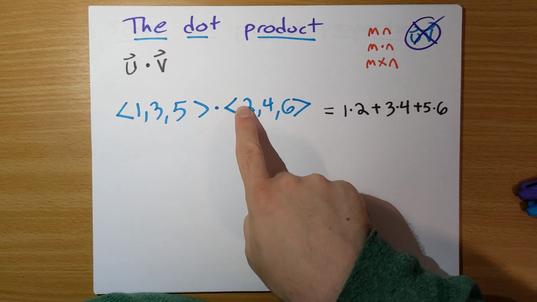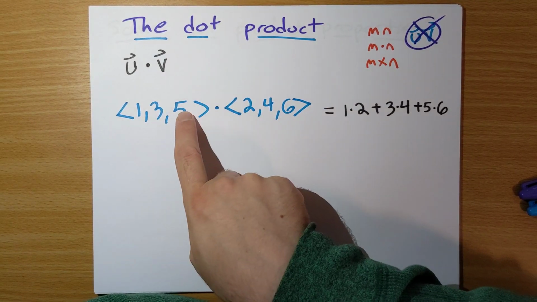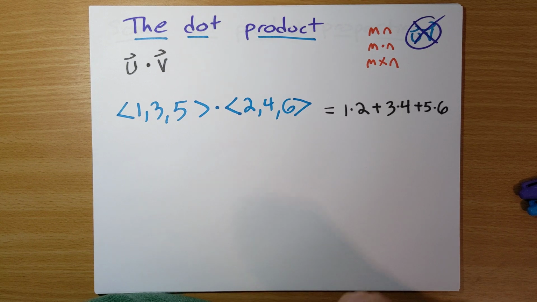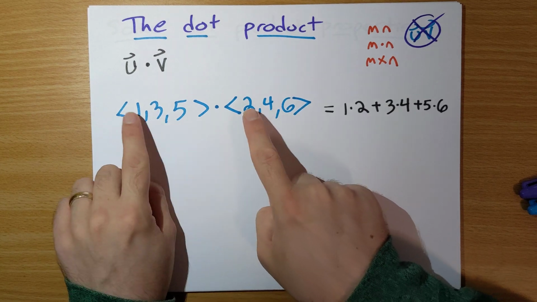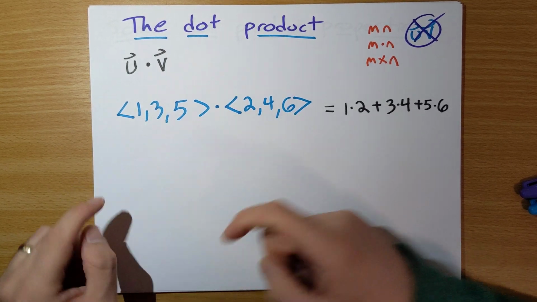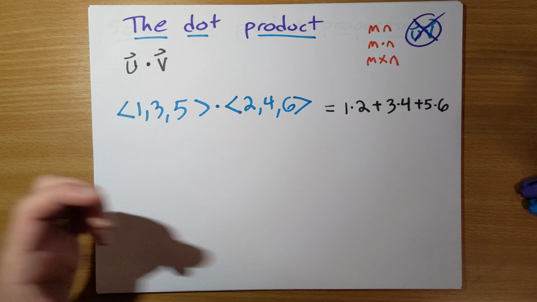So 1 times 2 plus 3 times 4 plus 5 times 6. This is how we compute the dot product. You multiply together the corresponding entries in the two vectors, and you add up each of those products.